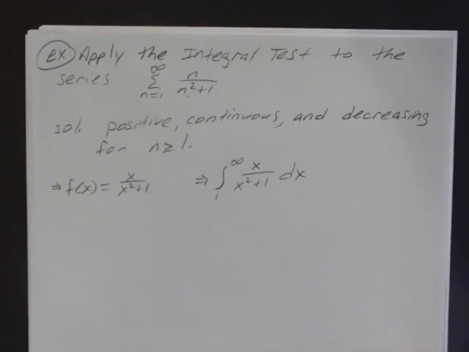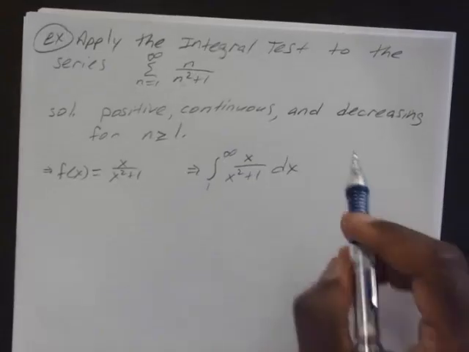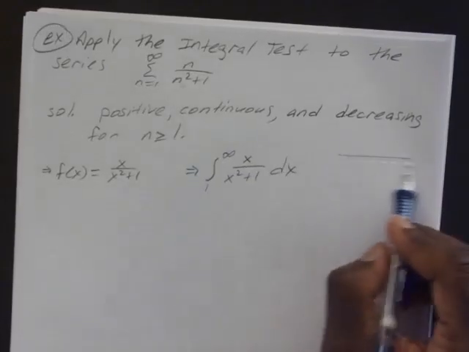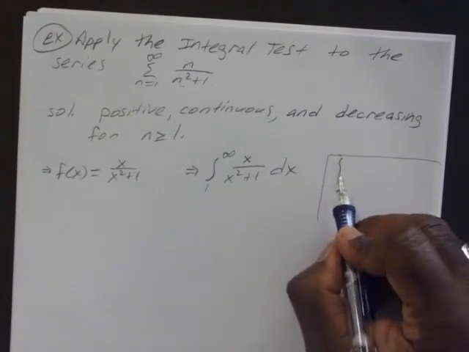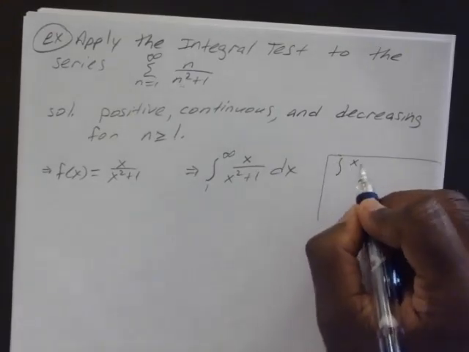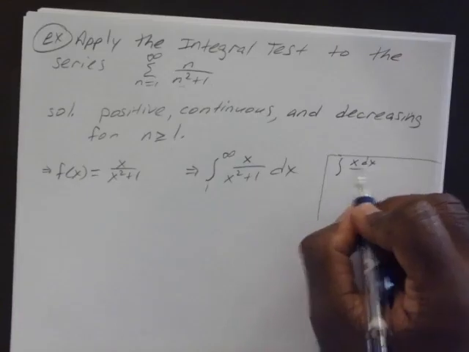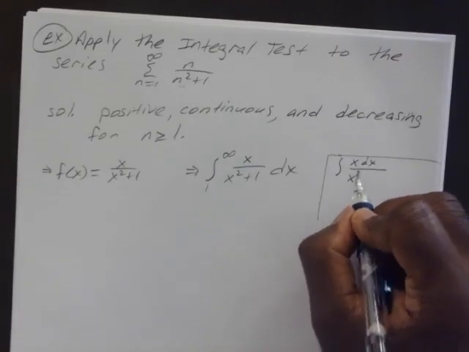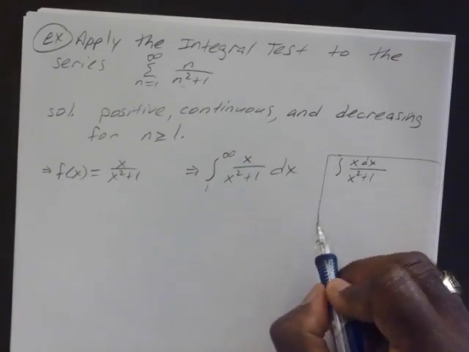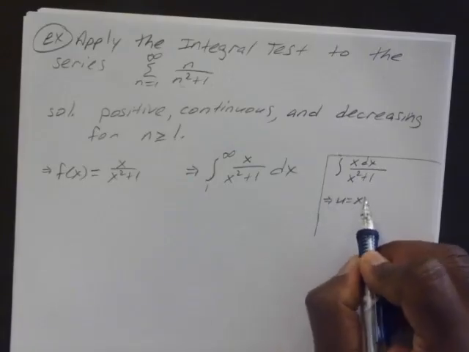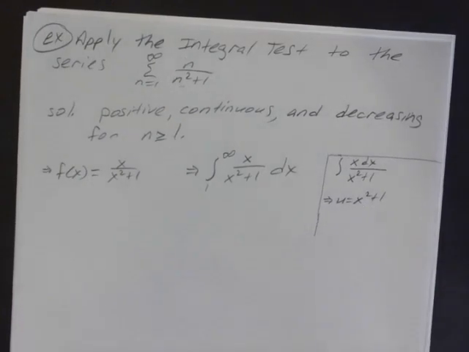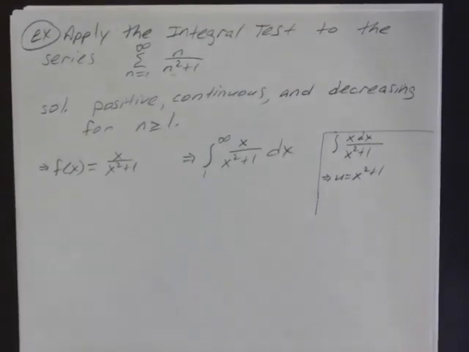Okay, with this one, we can actually solve it using u substitution. If we have the integral of x, and I'll just move the dx up top, divided by x squared plus 1, we're going to let u equal x squared plus 1.